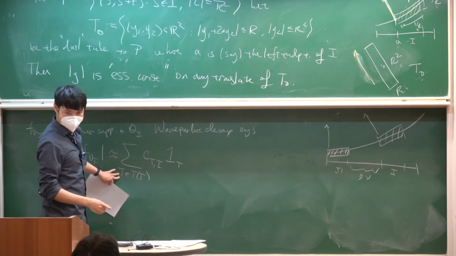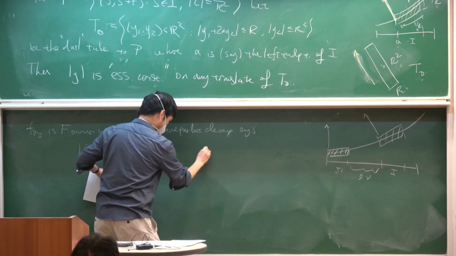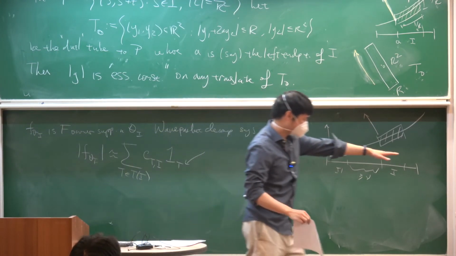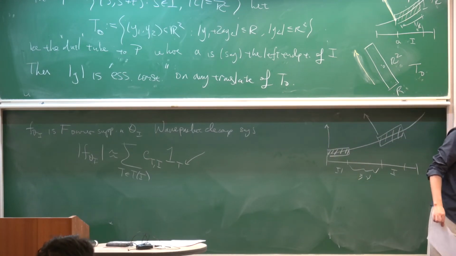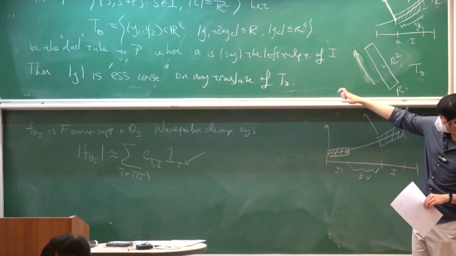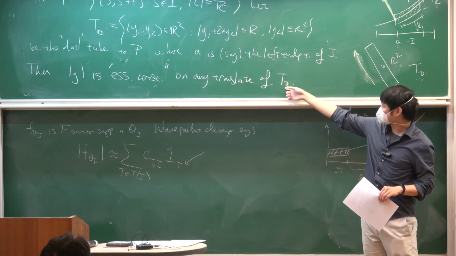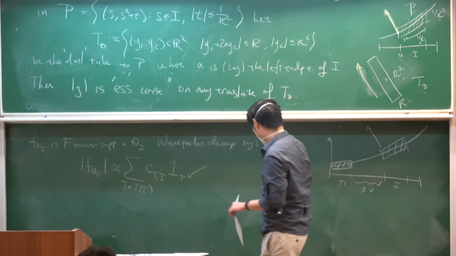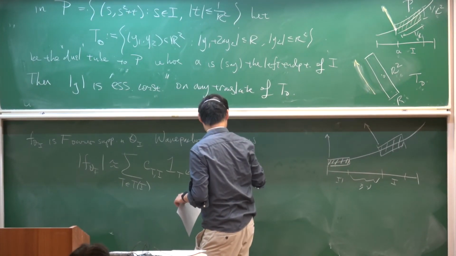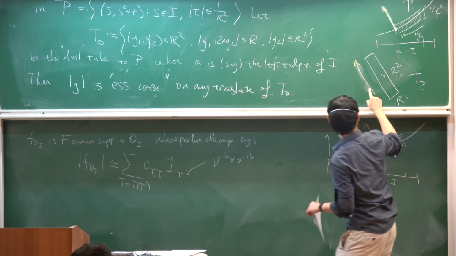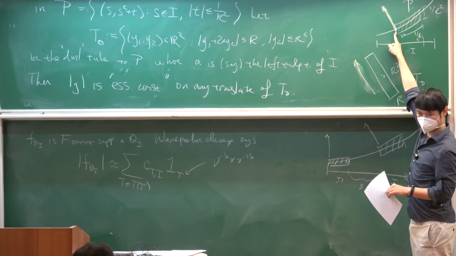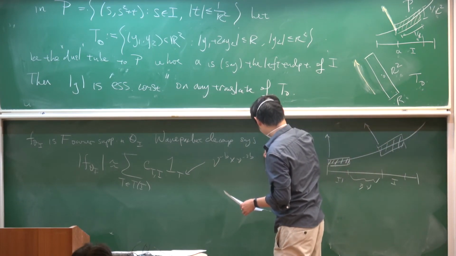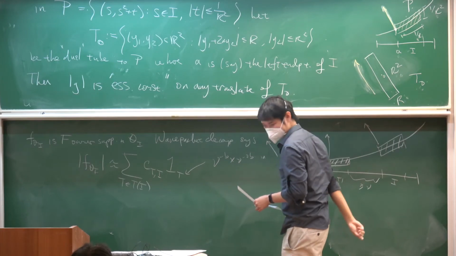And what are the dimensions of these tubes? Well, I is the interval of length nu to the b. So if we apply this lemma, what do the T-naughts say? The T-naughts are nu to the minus b by nu to the minus 2b, pointing in the direction that the left-hand point tells us, in this dual direction.